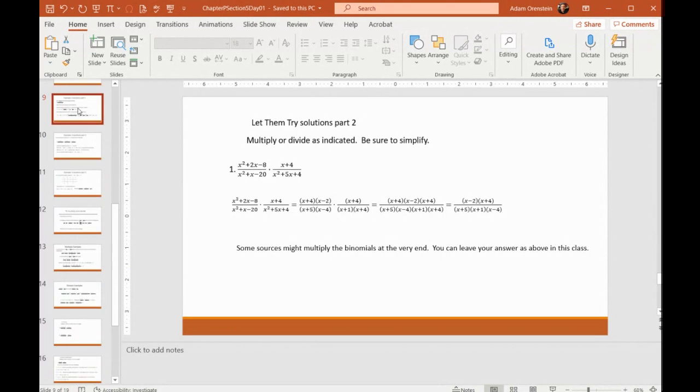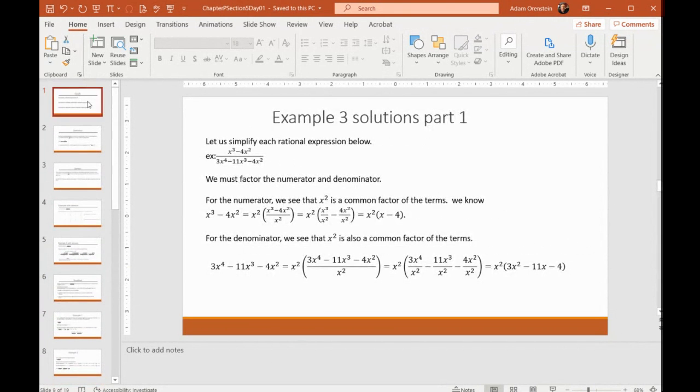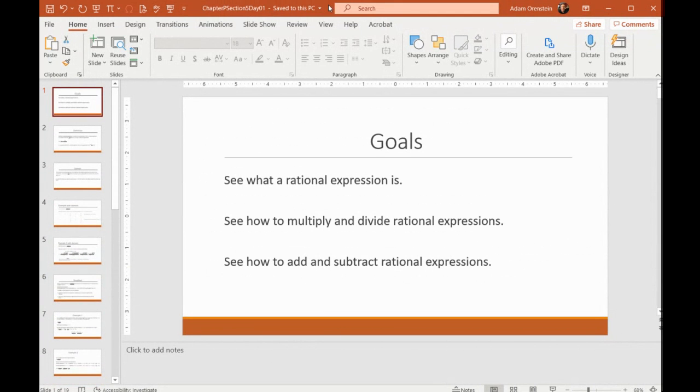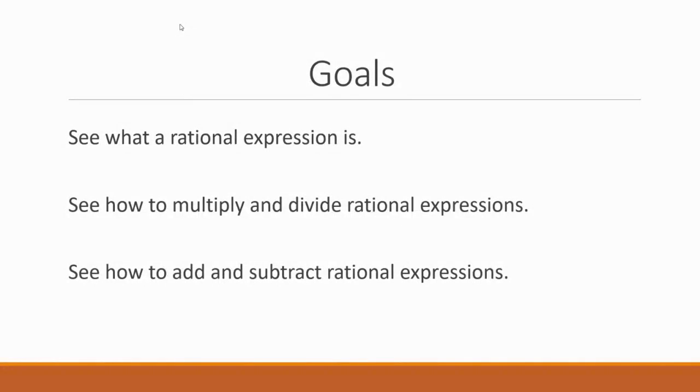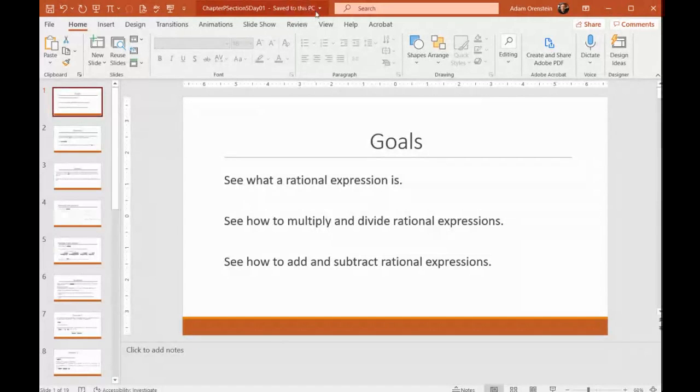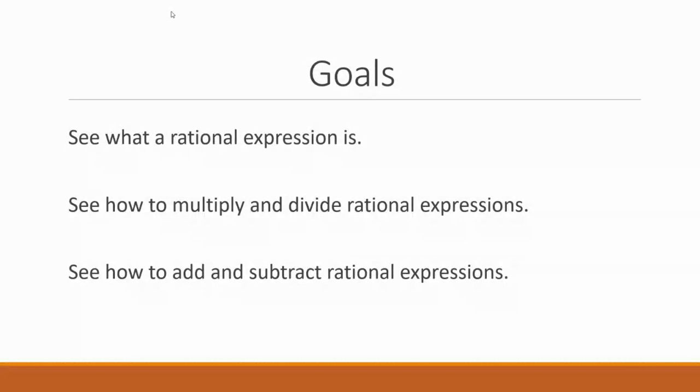Okay. All right, so this is what we were starting last time. Remember, we're in section P5, and we're looking at rational expressions. We'll go through what they are again.